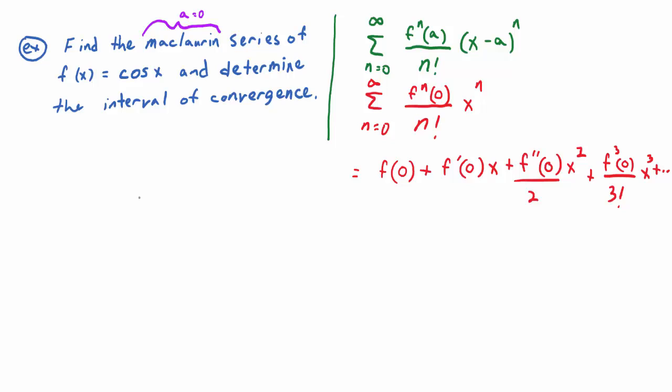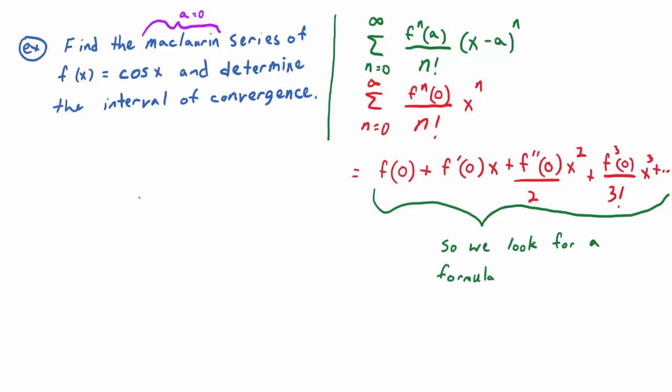You okay with that? So that tells us if we want to find a particular Maclaurin series for a particular function, we need to take a bunch of derivatives and look for a pattern, so we can hopefully get a formula for the nth derivative. Once we get a formula for the nth derivative, we're in. We've got our power series. So we look for a formula for the nth derivative evaluated at a.